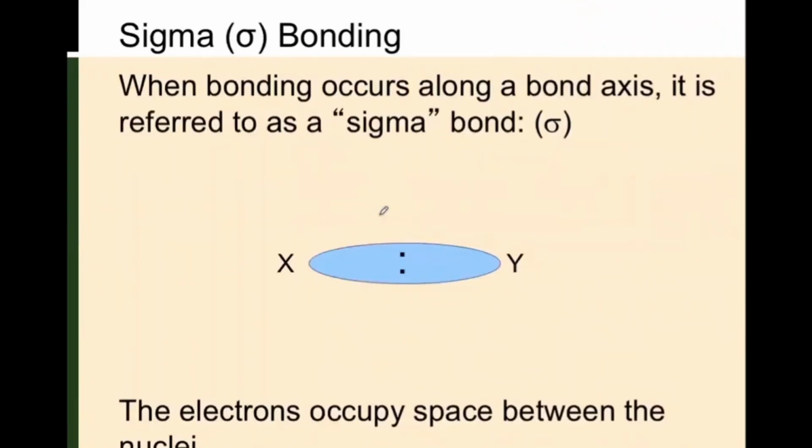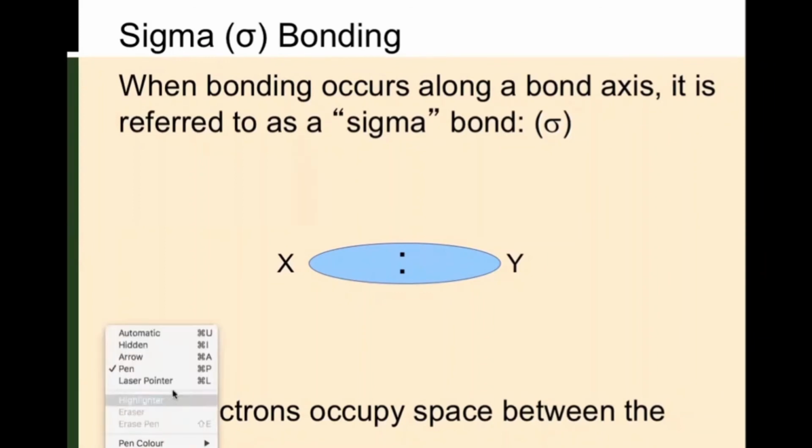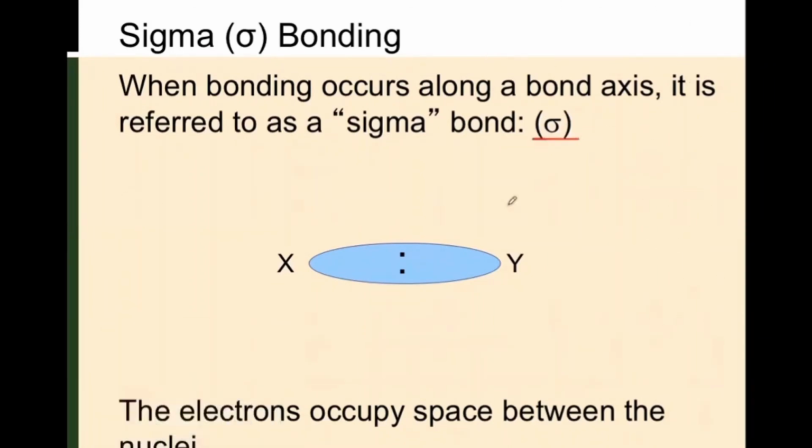A sigma bond looks like this. When bonding occurs along a bond axis, it is referred to as a sigma bond, given the Greek letter sigma, which is this one. So we have a nucleus X and a nucleus Y. They are bonded together covalently with a sigma bond.